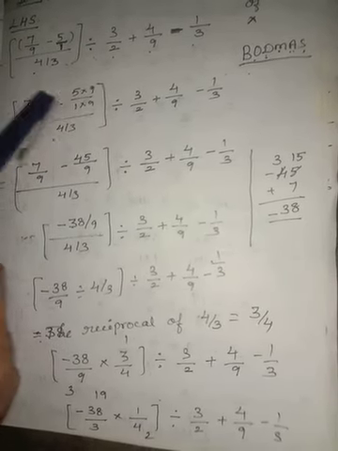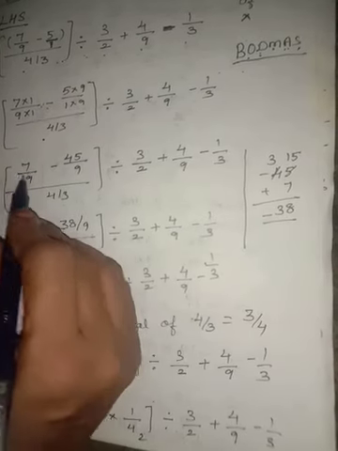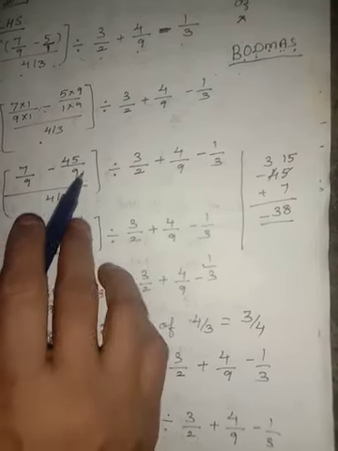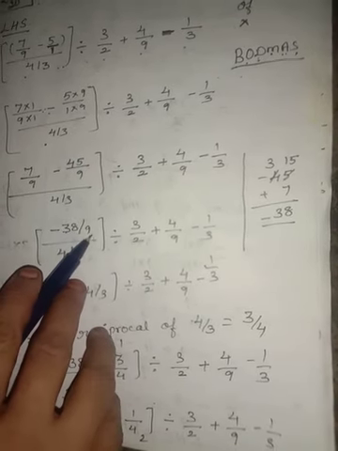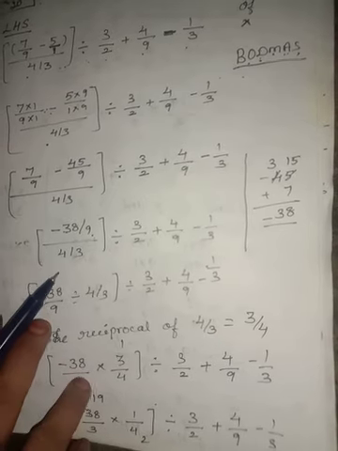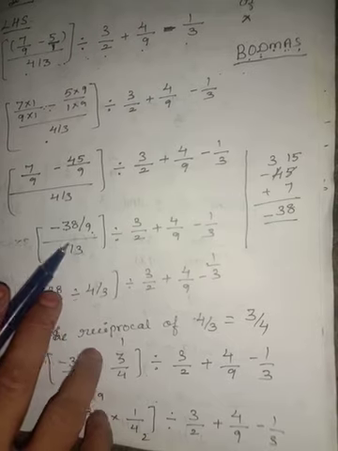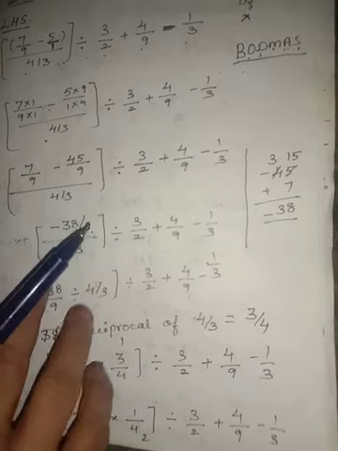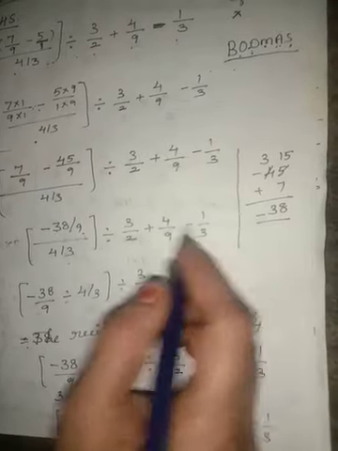So make them equivalent rational numbers, and subtracting these two rational numbers we get minus 38 by 9. So that is divided by 4 by 3. When we get the answer in the brackets, we should write the remaining terms as they are.